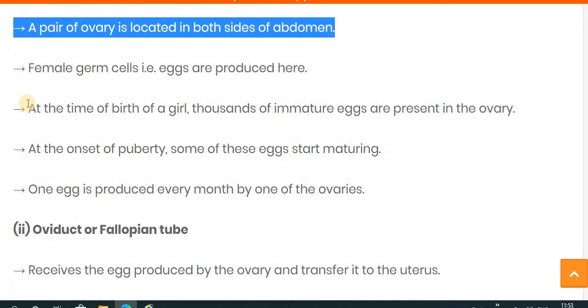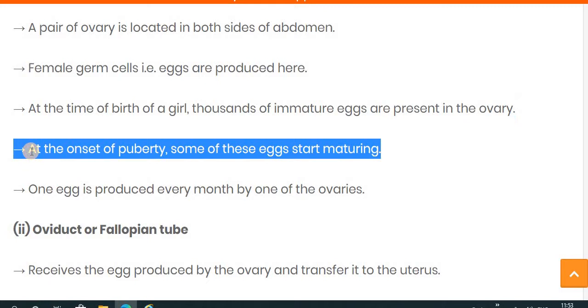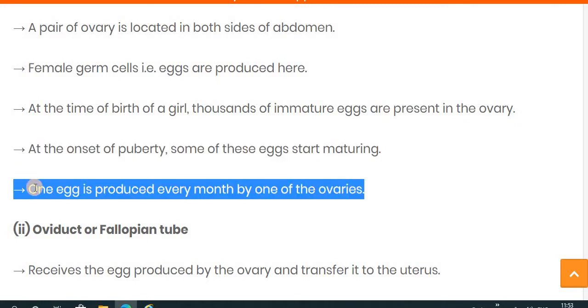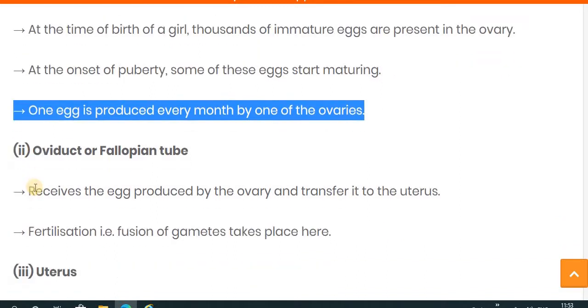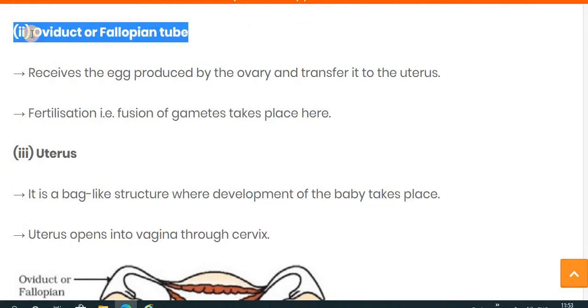At the time of the birth of a girl, thousands of immature eggs are present in the ovary, and when puberty comes, the eggs start maturing, and each month one egg matures and is released by the ovary. Then we have seen the oviduct, or the fallopian tube, that receives the egg produced by the ovary and transfers it to the uterus.